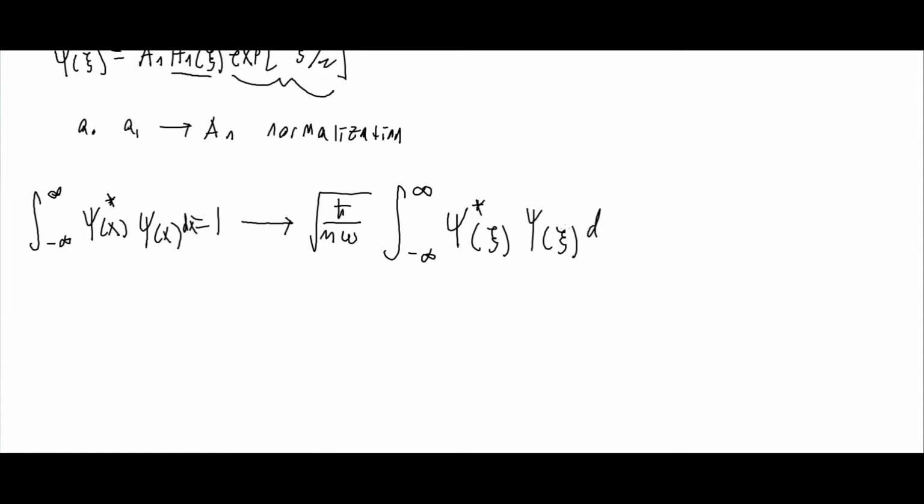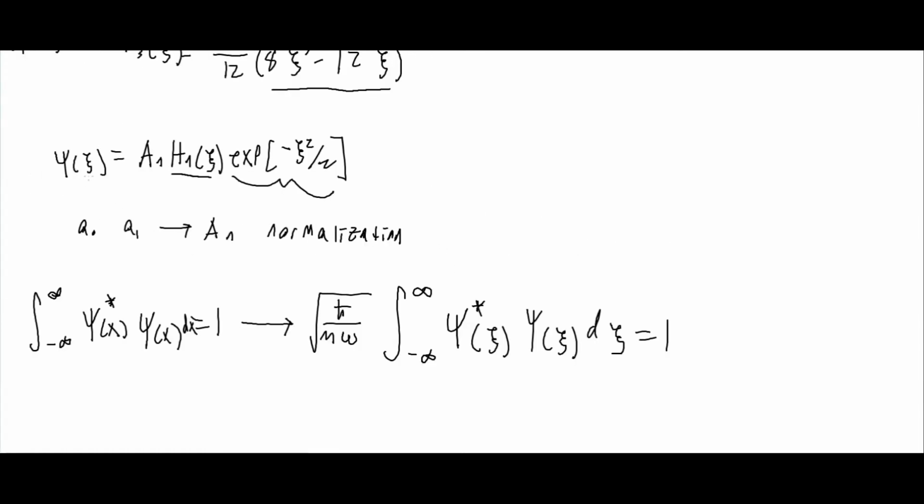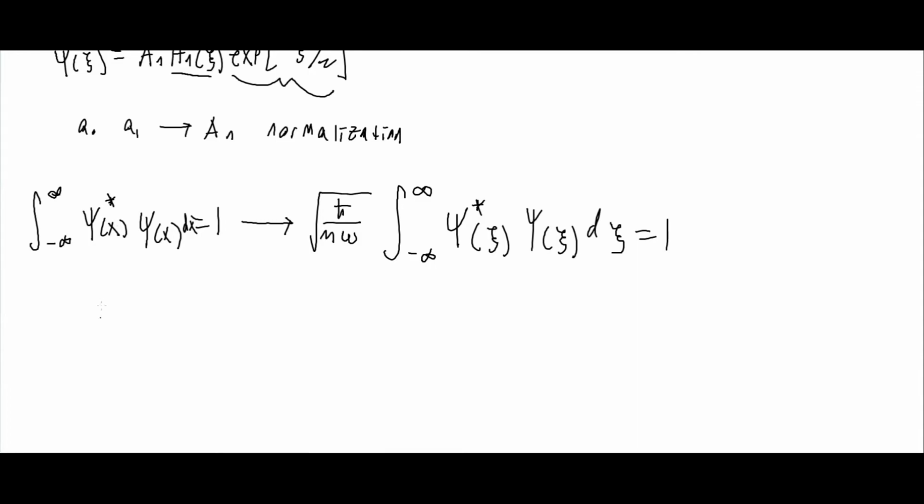So dx, because this will have d xi, and that will have to equal 1. And so if we know from up here what our wave function as a function of xi is, so we can just substitute that in for these psi's here, and what we end up with is the square root of h bar over m omega times the integral from minus infinity to infinity.